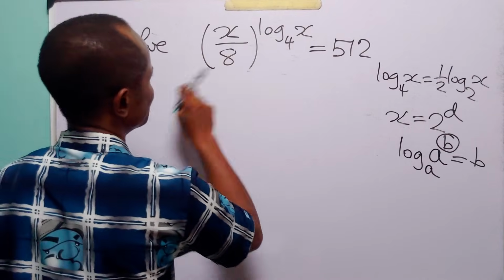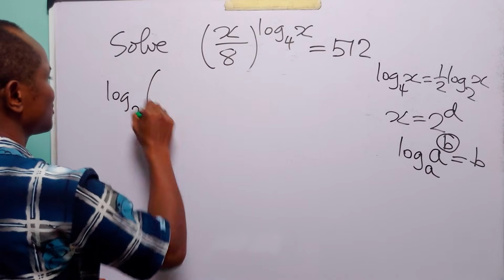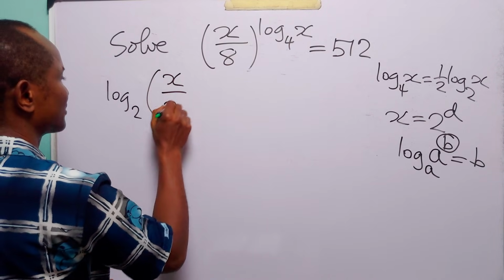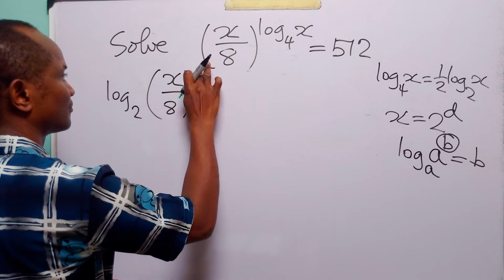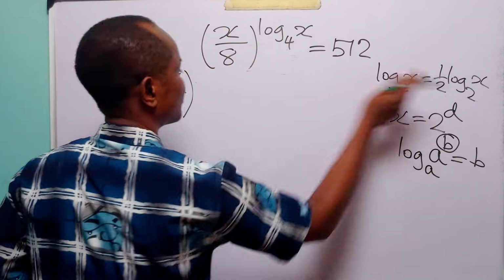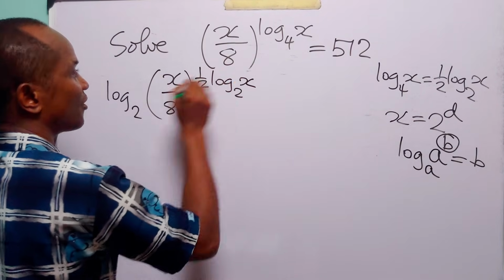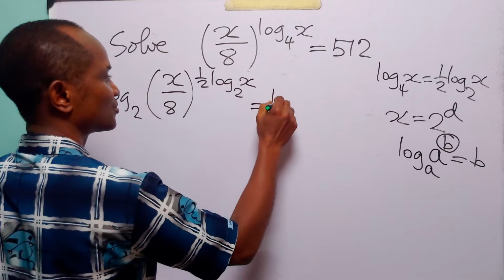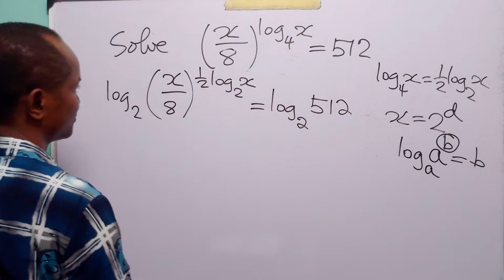So when we take log to base 2 of both sides of this equation, we have that log to base 2 of x over 8 to the power half times log to base 2 of x is equal to log to base 2 of 512.